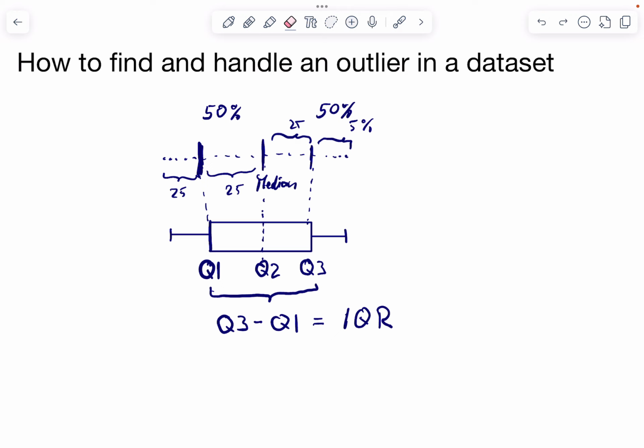minus quartile 1, that gives us the interquartile range.